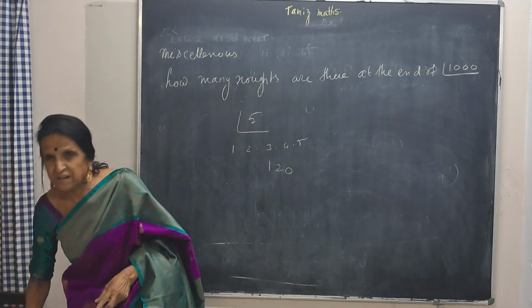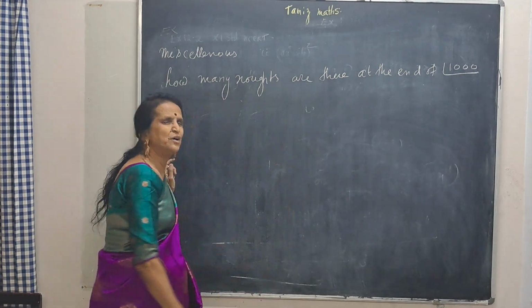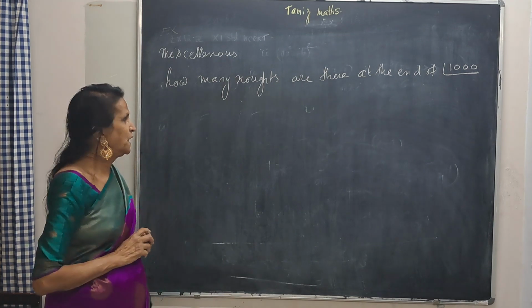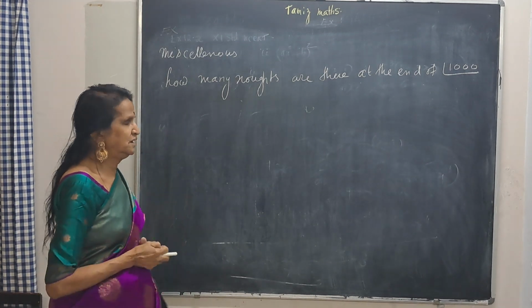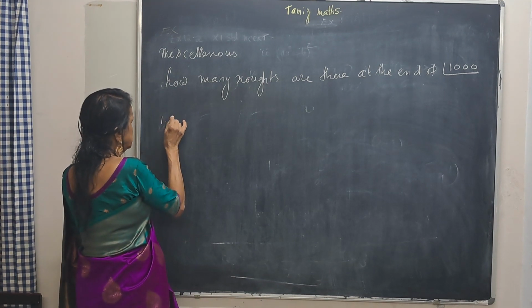Now, let me come to this. This is a lovely question. How many zeros are there at the end of factorial 1000? Factorial 1000.